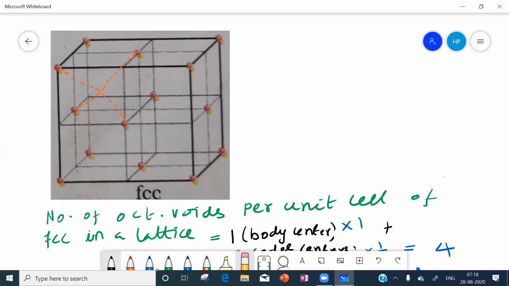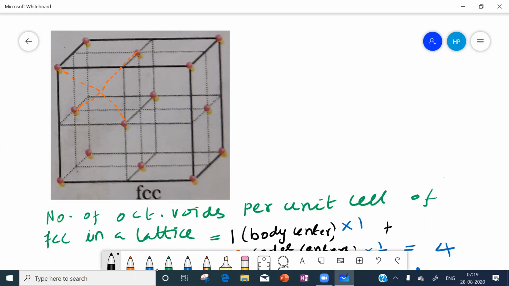So from this corner we went to the center point of this small cube, not this big cube. Take the small cube at the top left front.